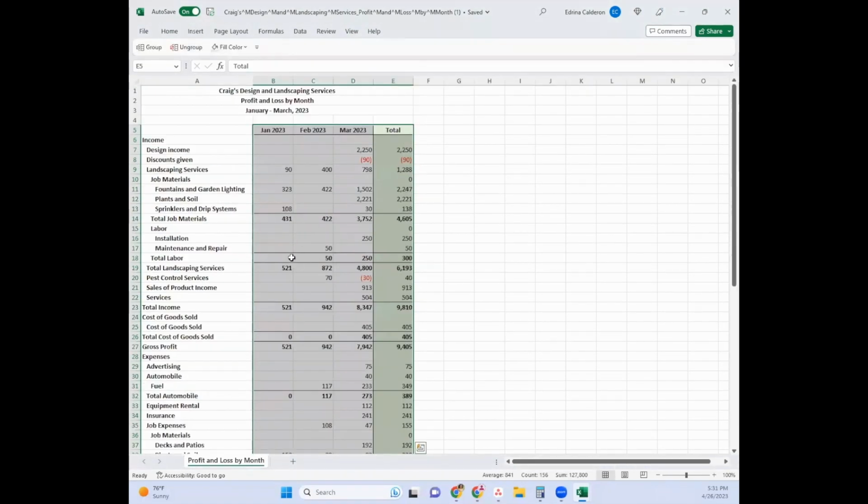When we're looking at it month by month, if you just highlight these numbers, you'll get the average by month. Looking at it from this perspective, it looks like he was the busiest in March. That is something I try to pay attention to when I'm working with my clients.